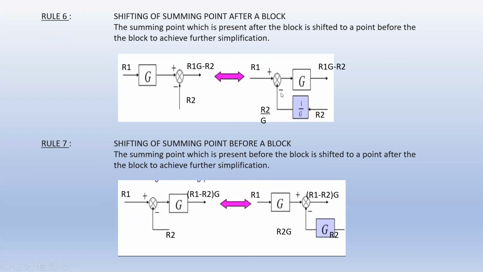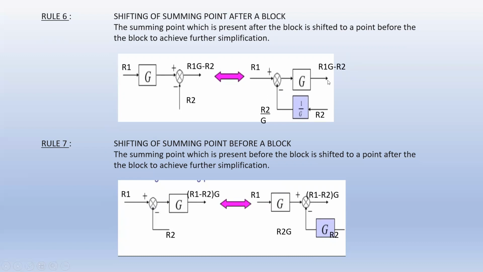So if we shift this summing point to before the block, we can have R2 over here and R1 over here. So we will have this output as R1 minus R2 after this summing point, and we will have this output as R1 minus R2 whole G. But what we require is that the output shouldn't be changed if we manipulate this.